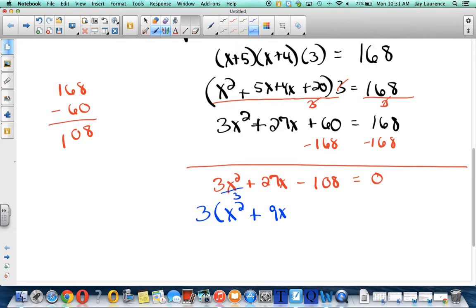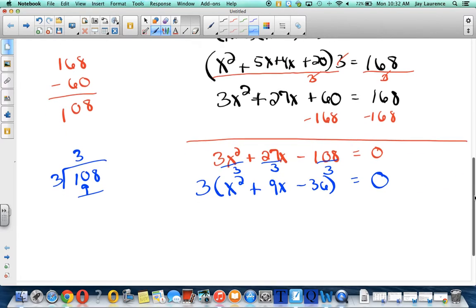I'm dividing by 3 in case you're wondering, in case I'm going too fast. And let me see, 108 divided by 3 is going to be 36. Minus 36. Okay.